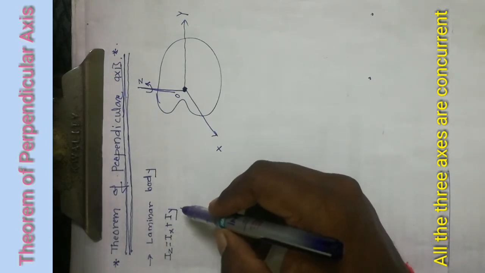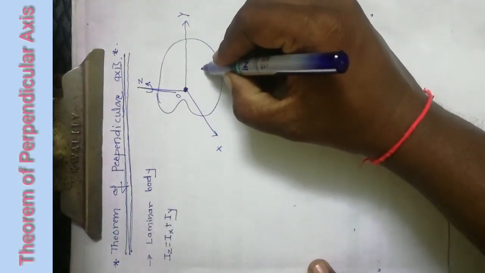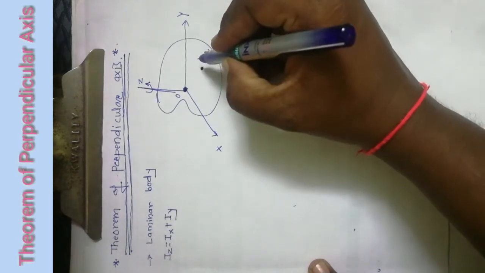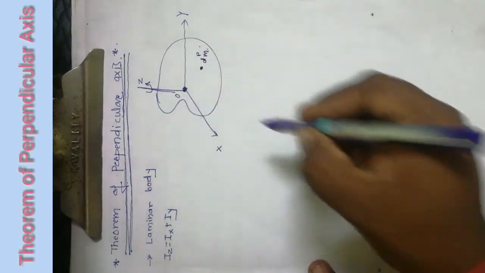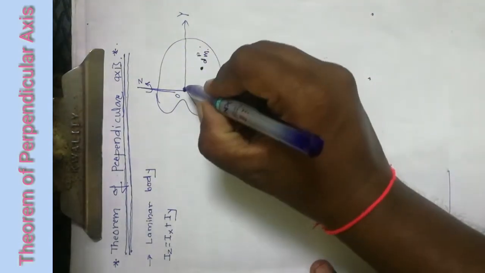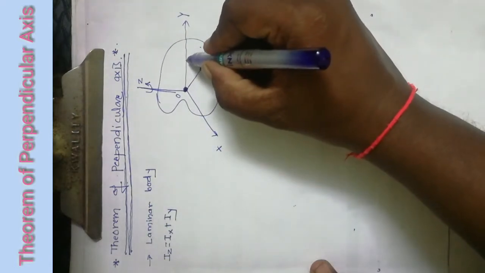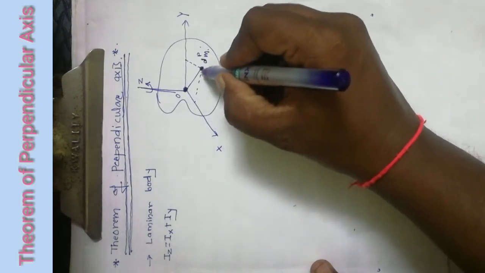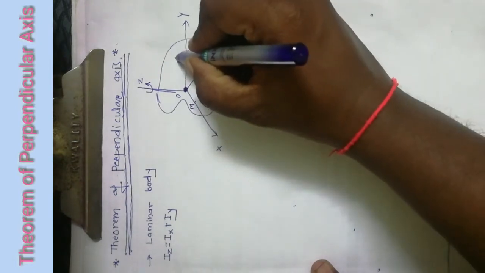So consider here a small dm element at a point P. I will draw perpendiculars from it to these two axes. These are the perpendicular distances, that is the shortest distances. I will write them as M and N.